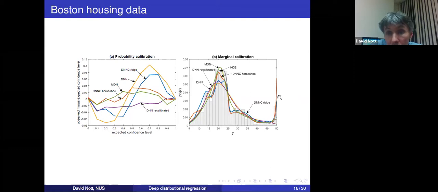Again, the blue and brown lines here are the deep neural network Copula approaches. They do a pretty good job in terms of attaining marginal calibration here. The other methods are not so good in terms of their marginal calibration properties. So for our method, particularly the deep neural network Copula approach with the horseshoe, it is pretty good at achieving both probability calibration and marginal calibration.